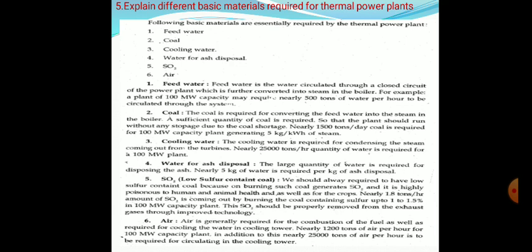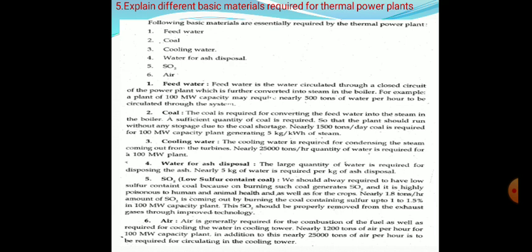Fifth one is SO2, low sulfur content coal. We should always use low sulfur content coal because burning such coal generates SO2, and it is highly poisonous to human and animal health as well as to the crops.